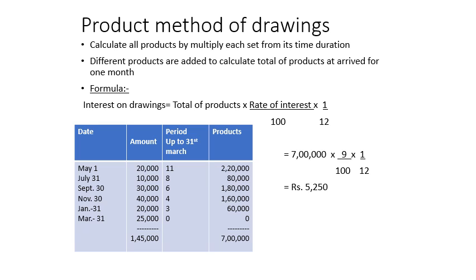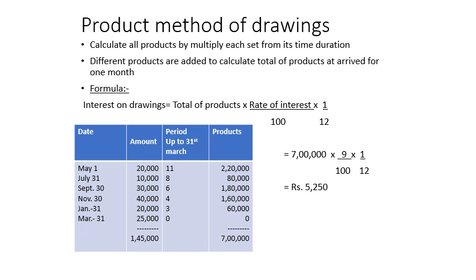First, we calculate the time period applied. May to 31st March is 11 months. From July 31st to 31st March is 8 months, and September to 31st March is 6 months, so 6 months of interest will be charged on the 30,000.